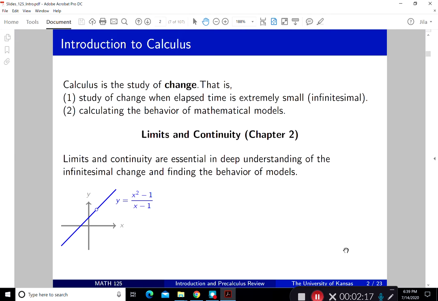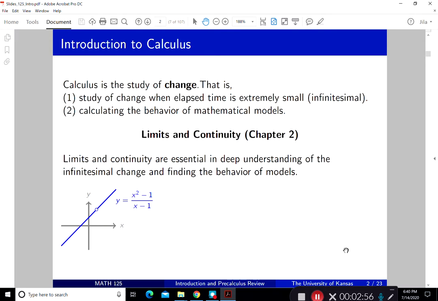So one function that is familiar to you is y equal to (x squared minus 1) over (x minus 1). This is the type of function that you see when you discuss continuity or the domain of an elementary function. This function everywhere in its domain works as y equal to x plus 1, except that it is not defined at x equal to 1.